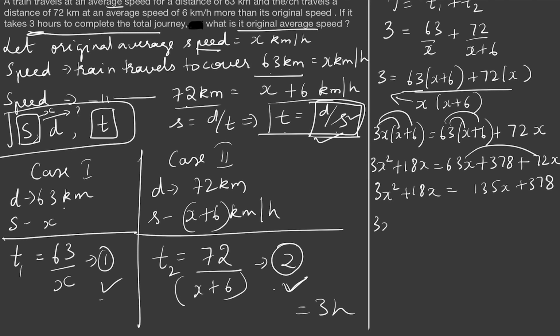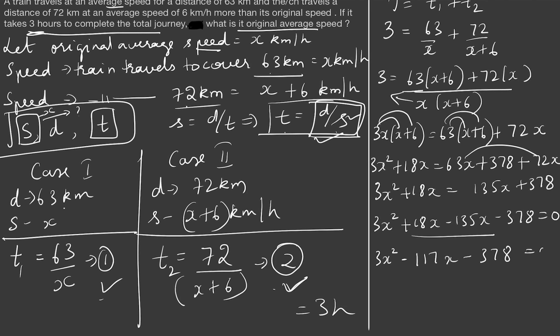Take all the terms to LHS. So 3x square plus 18x minus 135x minus 378 is equal to 0. Again we have like terms here. On simplifying them, one is positive and one is negative, so we will subtract and write the greater number sign. On subtracting 135 and 18, we get 117x. Greater number sign is negative, so we take it as negative.